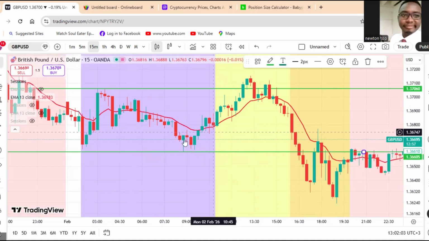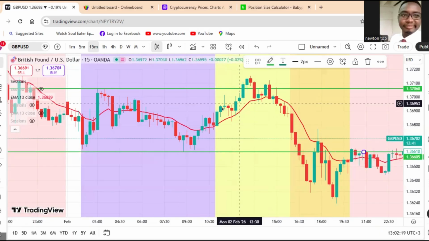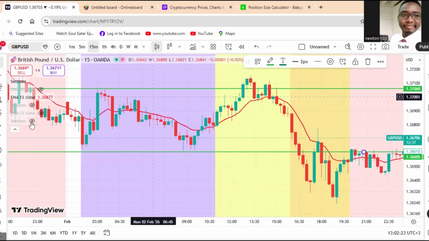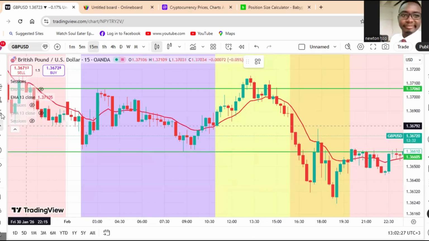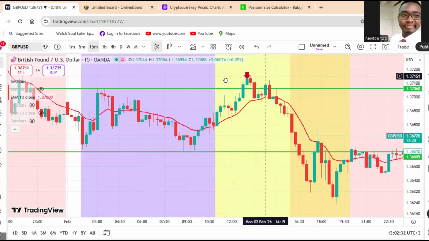Okay, so you mark the high and the low of Asia. After you have marked the high and the low of the Asian market, you wait for the market to take the liquidity. As you can see here, the market came up and took the liquidity at the high of Asia. Now you could be looking for entries in this region, guys.